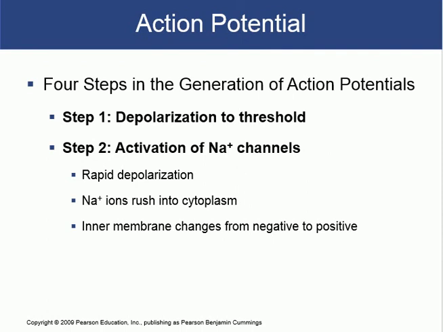So the first part before you get to the threshold is called slow depolarization. Aren't both of them depolarization? Aren't you removing the polarity anyway? Yes. But the depolarization that's caused by the passive channels is very slow. Sodium leaks a little bit. If you open the active channels, it will rush in. So this part is slow and this part is fast.